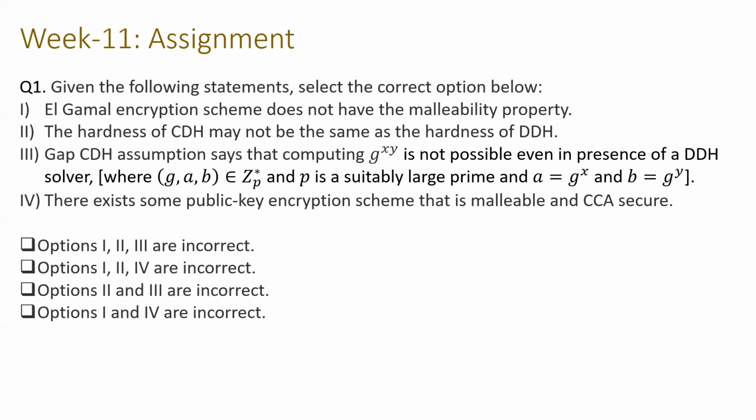Now, for encrypting some message M, your ciphertext has the structure C1, C2. Your C1 will be g to the power r for a random element r, and your C2 will be h to the power r times the message element.